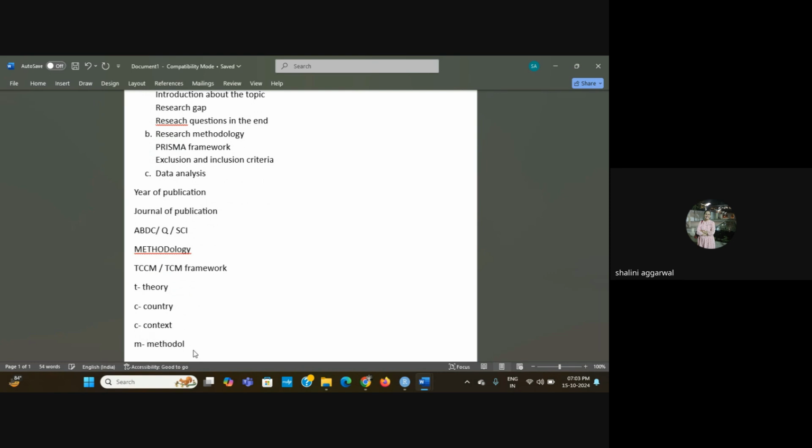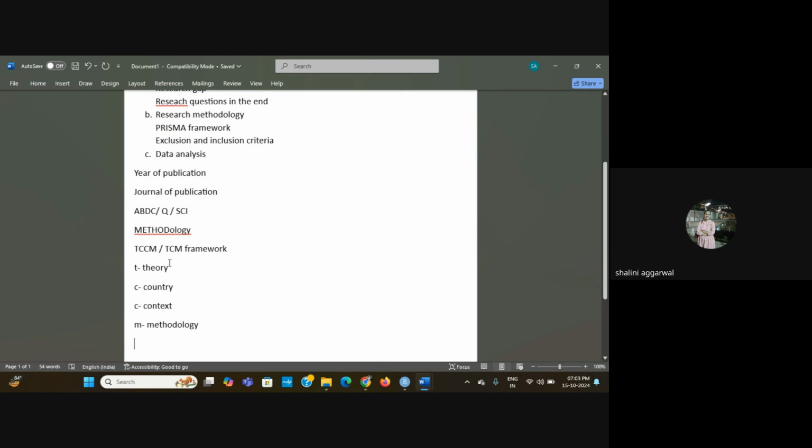You can follow either the TCCM framework or the TCM framework. If one is not available, you can go for the other. What is the next important aspect here is, okay, I forgot, the ADO model.